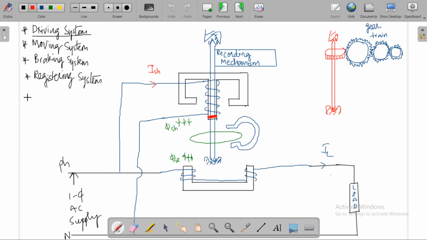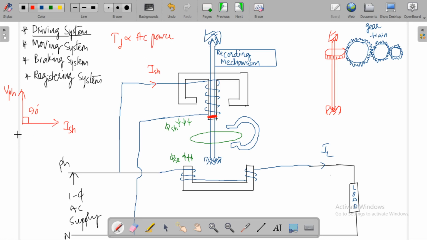If this is V phase, then this will be ISH. So ISH lags behind V phase by an angle 90 degrees. Then only TD is directly proportional to true AC power, or simply AC power.